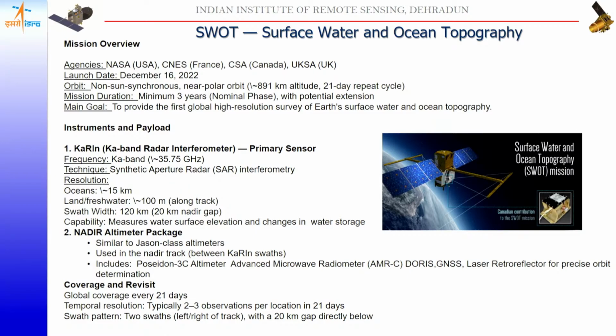In the same sensor there is both the transmitter and receiver, and they can do single pass interferometry. In single pass interferometry, they can directly measure the surface height of the water bodies, and it has a resolution of 100 meter and a swath width of around 120 kilometer.